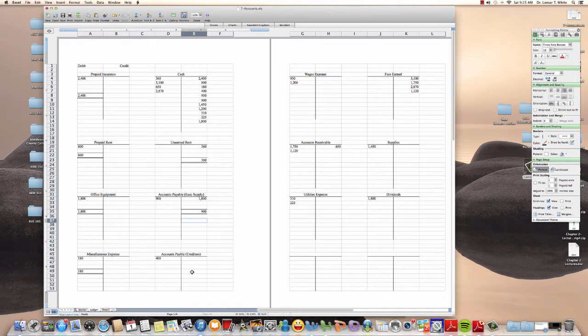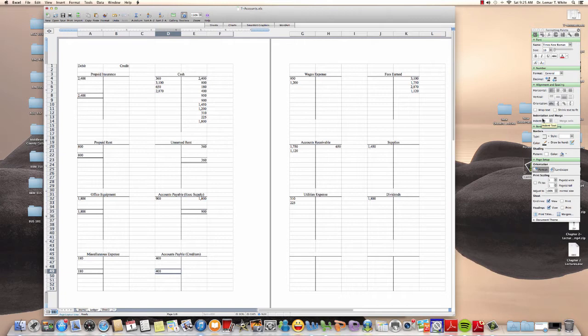Okay, so that's for Executive Company. My accounts payable is going to have 400 on the debit side. Now this is a liability account, but it has an amount on the debit side, which is not normal.